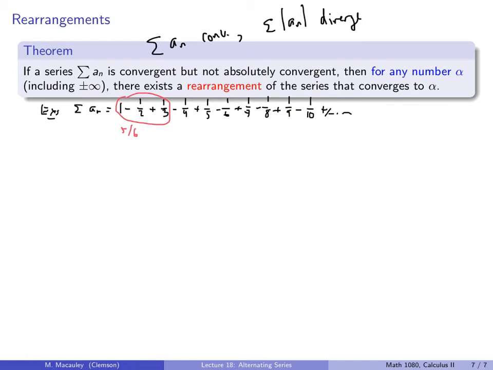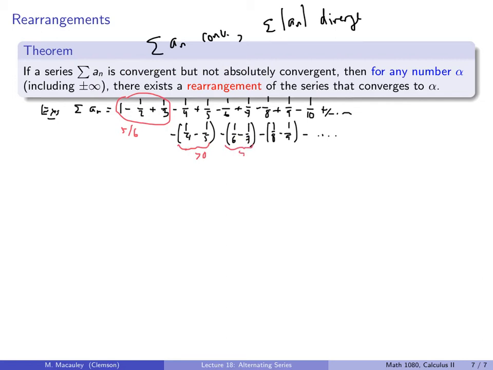I want to write the remainder of the series as minus 1/4 minus 1/5 minus 1/6 minus 1/7 minus 1/8 minus 1/9, etc. Now notice each of these terms here is greater than 0. 1/4 is bigger than 1/5. 1/6 is bigger than 1/7.